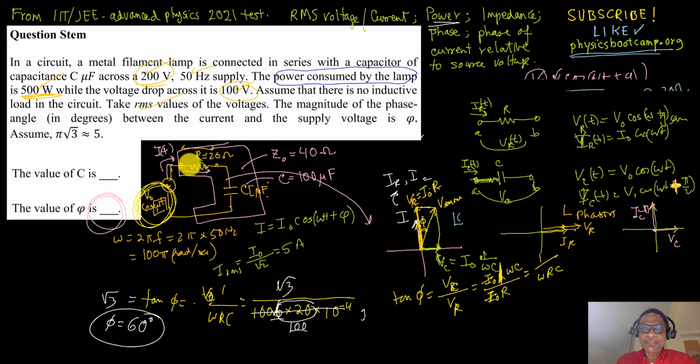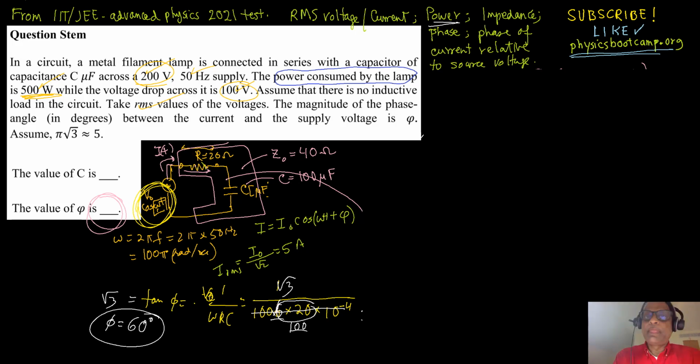You might ask, what's another way of finding phi? You can solve the whole thing in complex, the complex way.